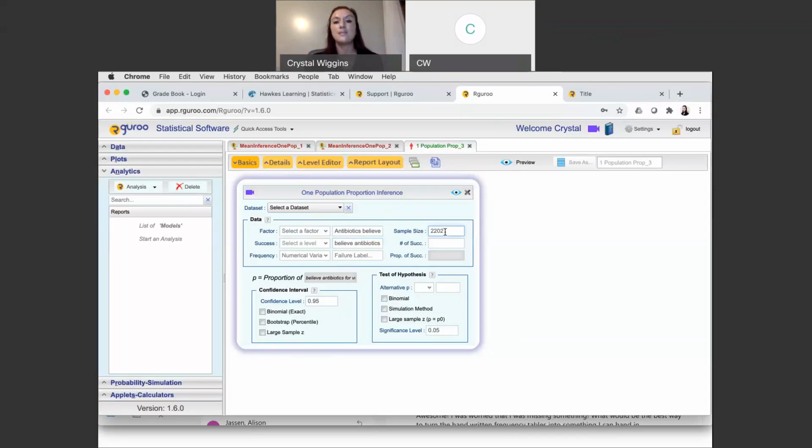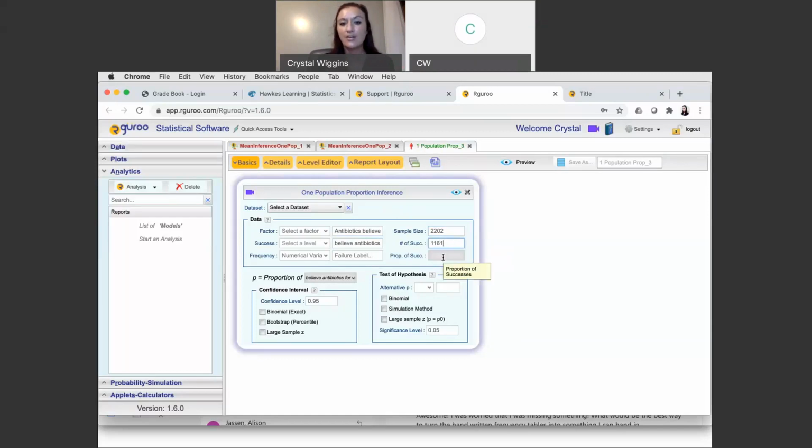Remember, the test to make sure that in a proportions problem we're good to go is multiplying n times p, so 2,202 times 0.51, and making sure that that's bigger than 5, and doing the same for n times 1 minus p. With a sample size as big as over 2,000, that is definitely going to pass that test. Number of successes is that X value, so 1,161.